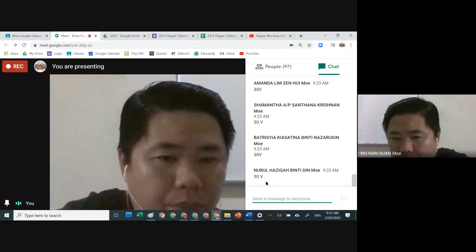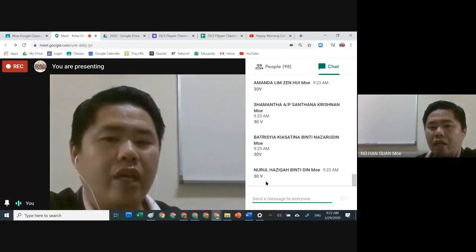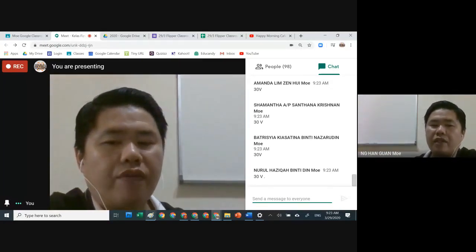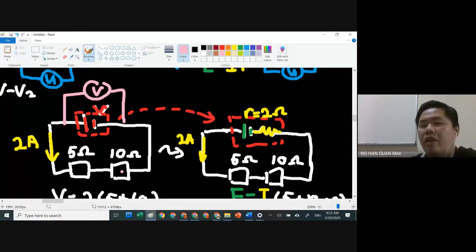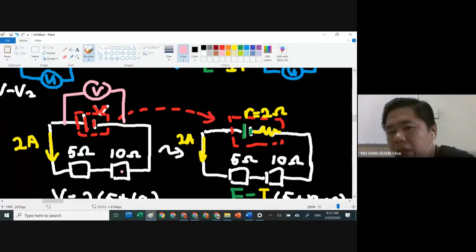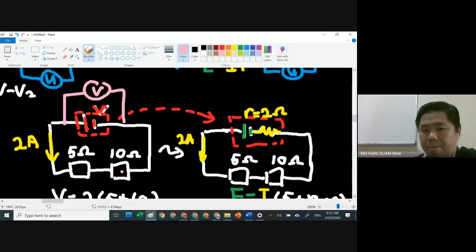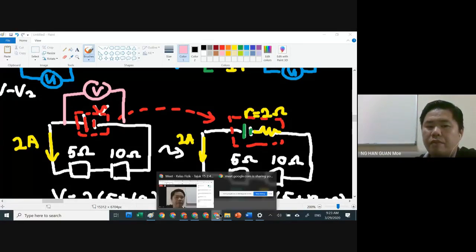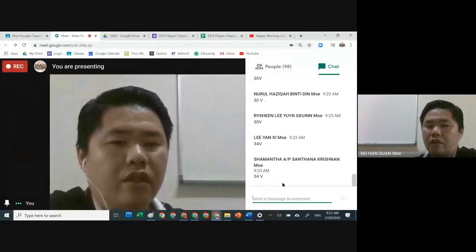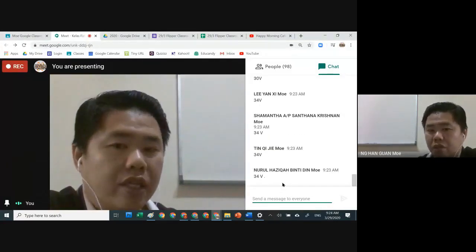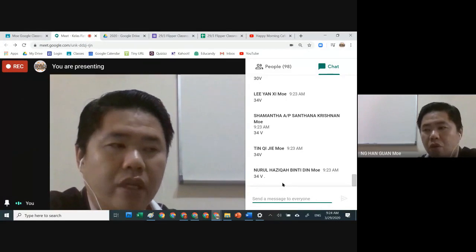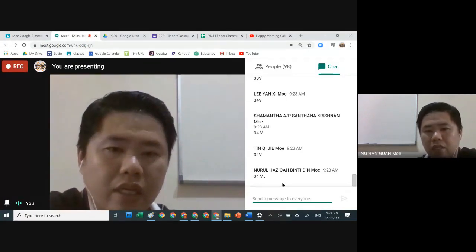Then what happens to the voltmeter reading if I switch off the circuit? It will go back to 34, because the moment the circuit is switched off, there will be no work done against the resistance.